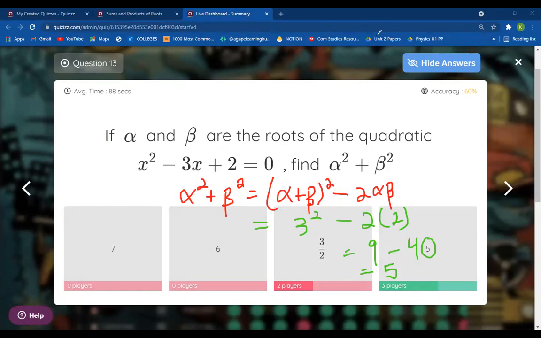This is something you need to memorize. This right here. But practice makes perfect. So we understand now why the answer is 5. Yes, no. Yes. All right.